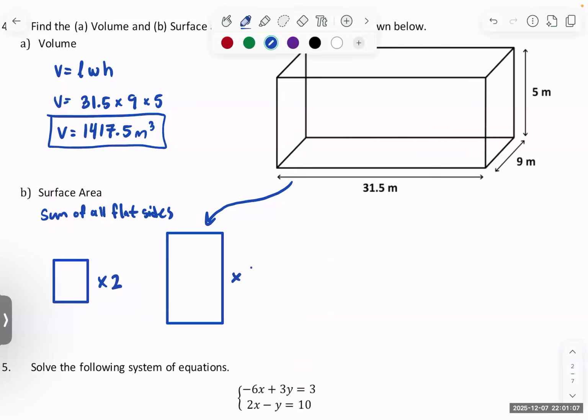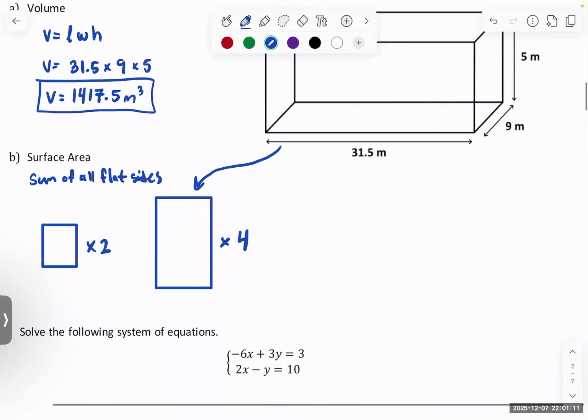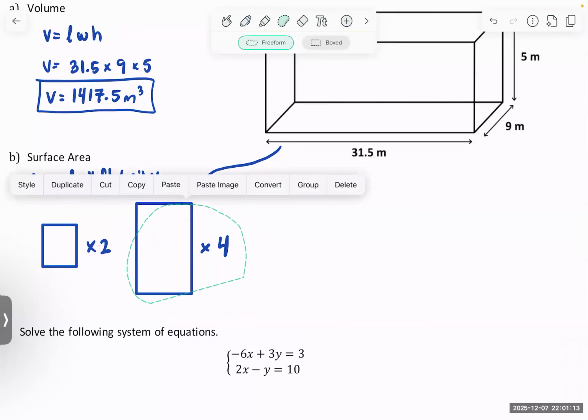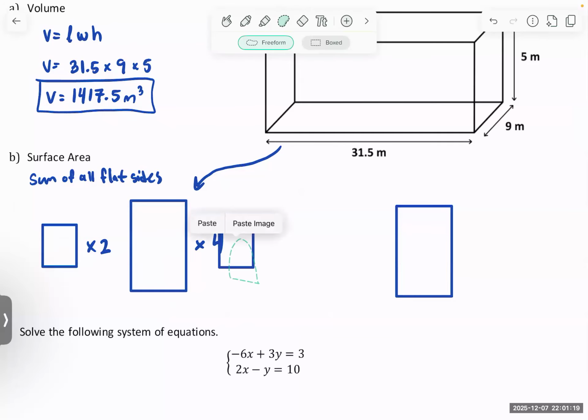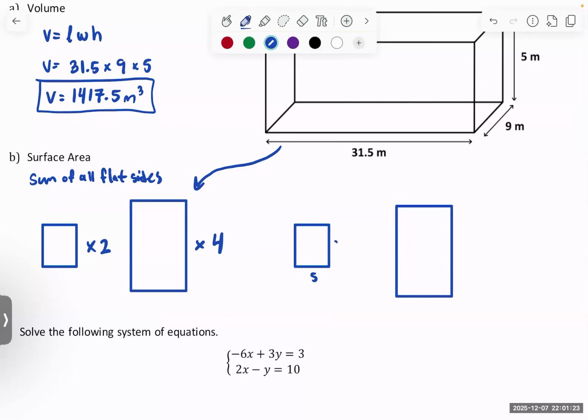Times 2 times 4. So, the area of the small one, which is 5 by 9, that's 45 meters squared.